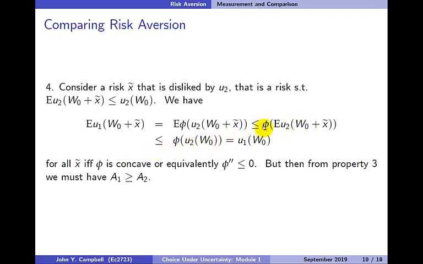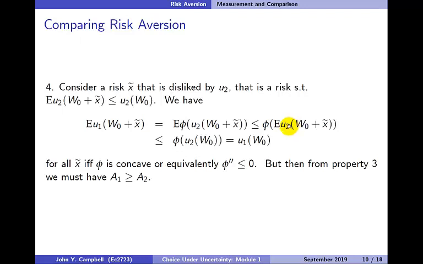This is going to require the concavity of phi, and this just requires the risk aversion of person 2, the fact that person 2 dislikes the risk. And then, of course, phi of u2 of w0 is u1 of w0. So to make this go through this chain of inequalities, we have to have concave phi. That's what gets us from this step to this one.